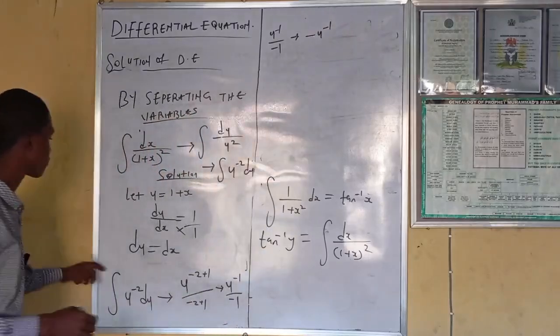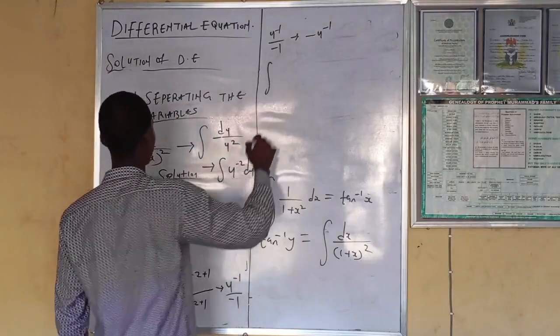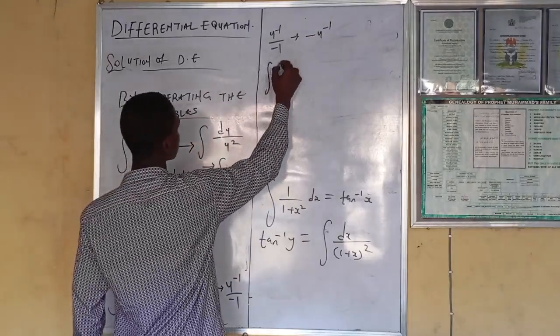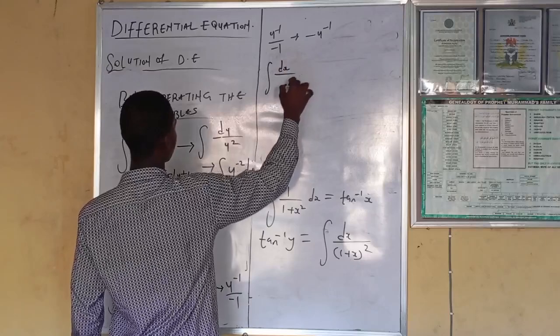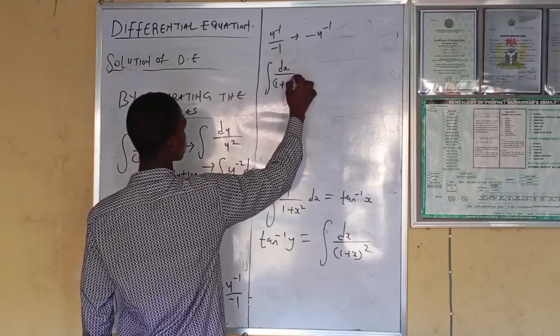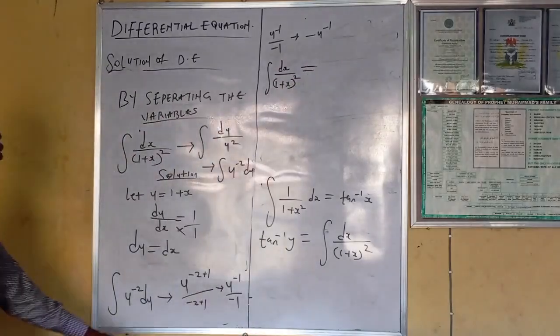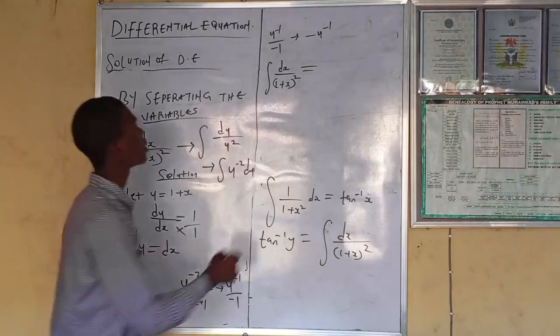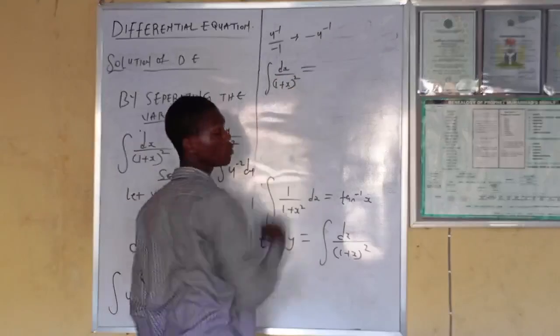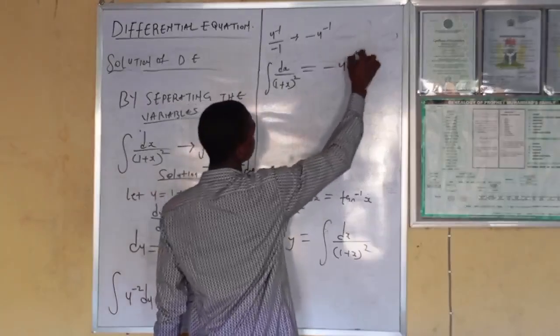Then from here, the integral dx divided by 1 plus x all squared is equal to what you integrated here, which is minus u to the minus 1.